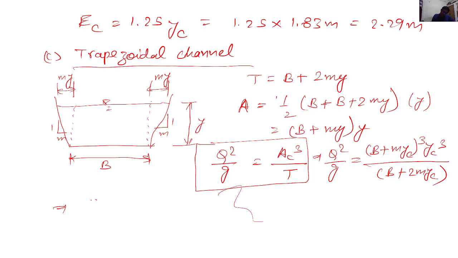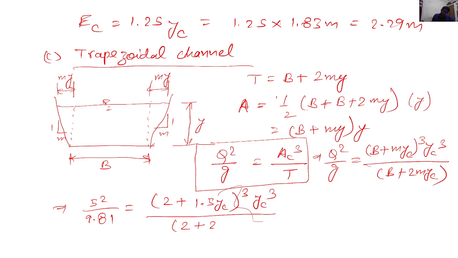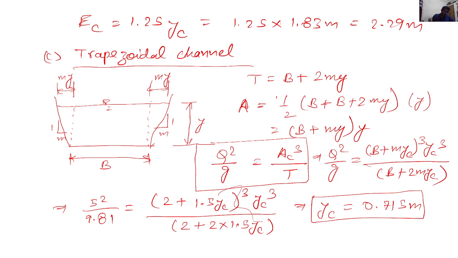Q square by g is 5 square by 9.81, equal to (2 plus 1.5 yc) whole cube times yc whole cube by (2 plus 2 into 1.5 yc). By solving this equation by trial and error, we will get yc equal to 0.715 meter. That is the critical depth for a trapezoidal section.